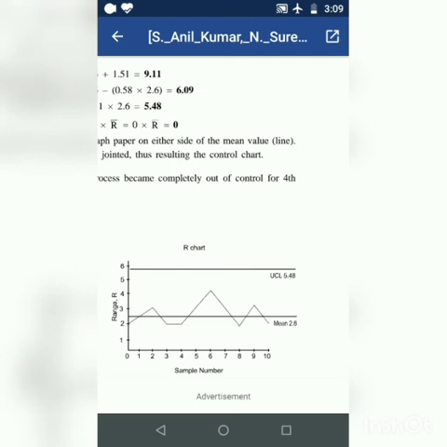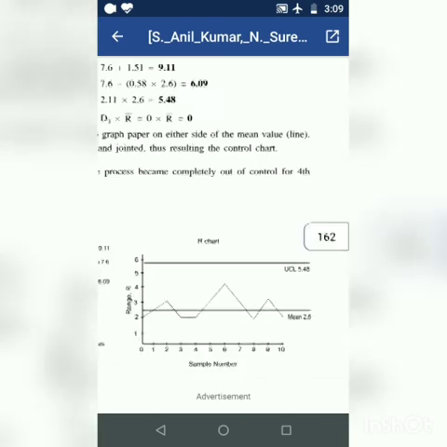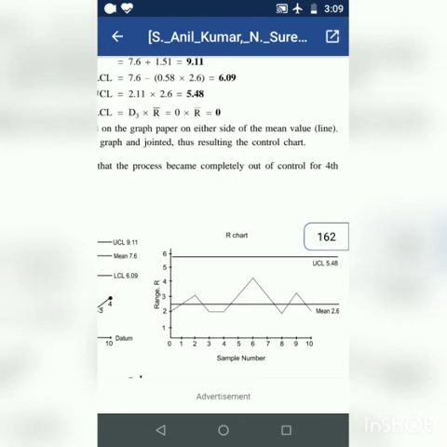showing some problem. So in this way, friends, by plotting these charts and putting them in the operation area or production floor, anybody can come and inspect whether the process is within control or going out of control. I hope you have understood how these statistical quality control charts are important for us.